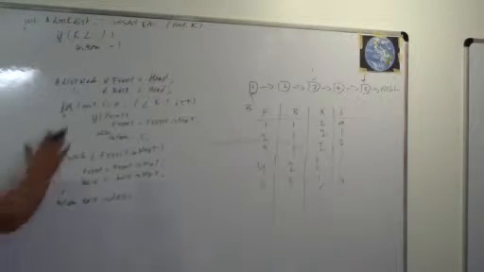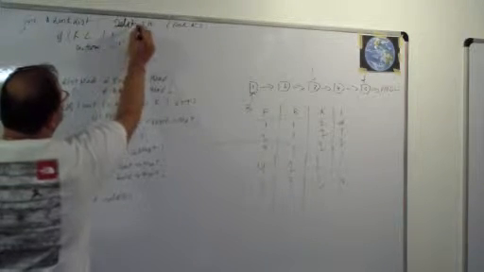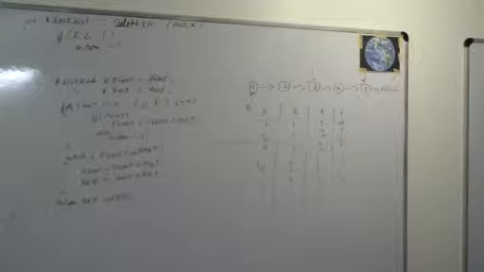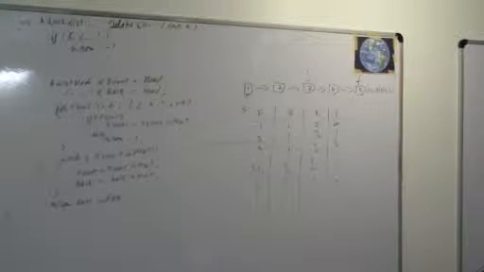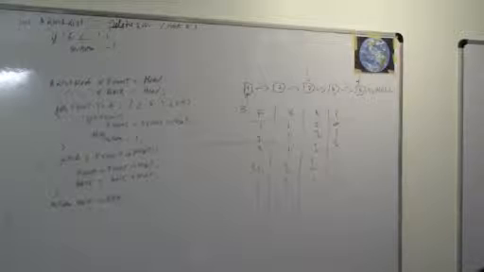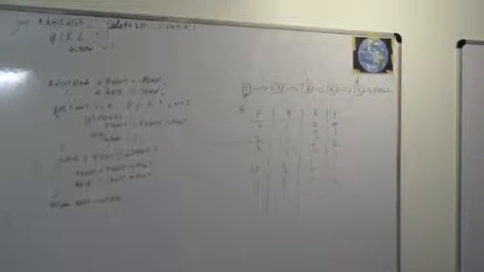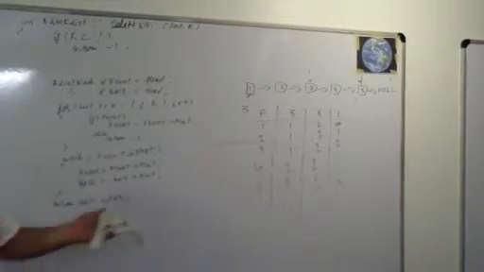Let's do a delete kth. The test case is interesting, I think. I'll do the delete kth and then you do the cycle. You guys tell me how to do the delete kth.